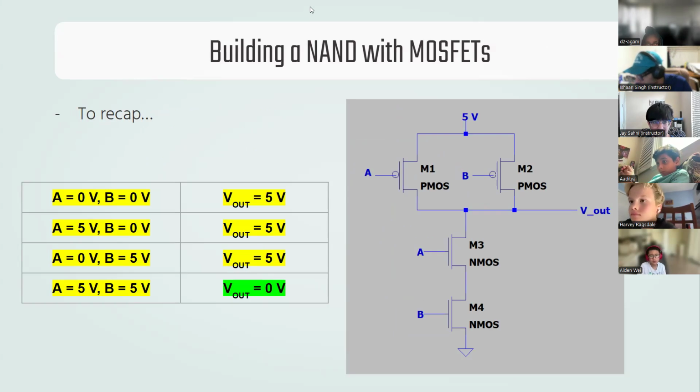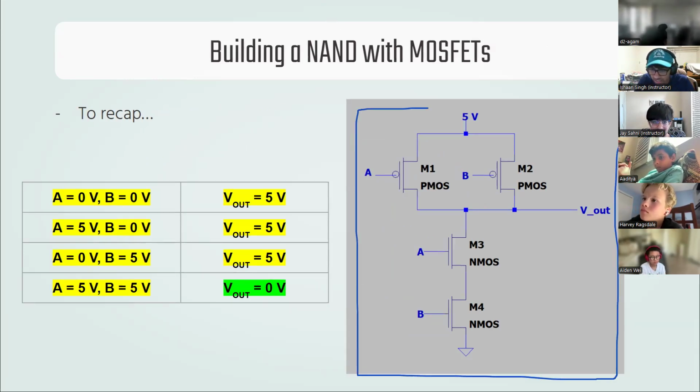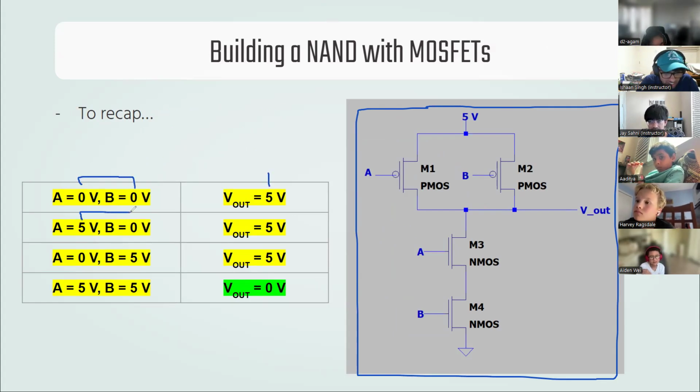But this is what I want to emphasize. If you're confused, if you're completely lost, this is where I want to pull you back in and clarify what's going on. This right here is a NAND gate. This is the actual structure of a NAND gate, and it does this: if it's 0 and 0, we output 5 volts. If it's 5 and 0, we output 5 volts. If it's 0 and 5, we output 5 volts.